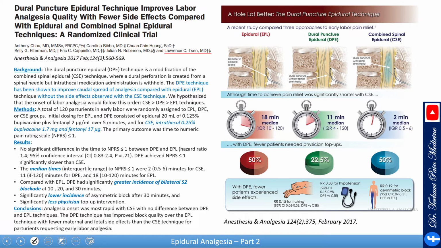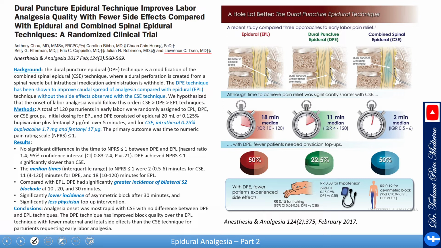The paper examined whether the DPE, which stands for dural puncture epidural, technique improves caudal spread of analgesia compared to the epidural technique, without the side effects observed with the combined spinal epidural technique.